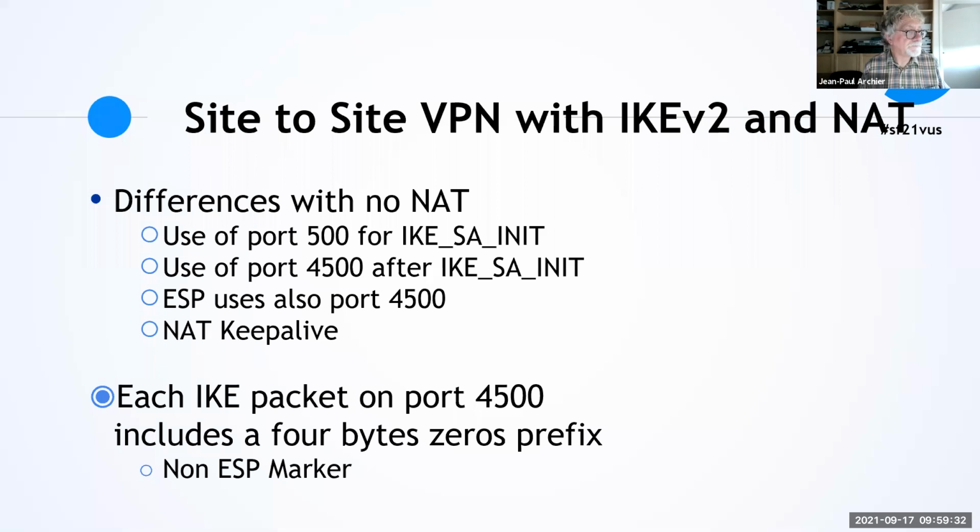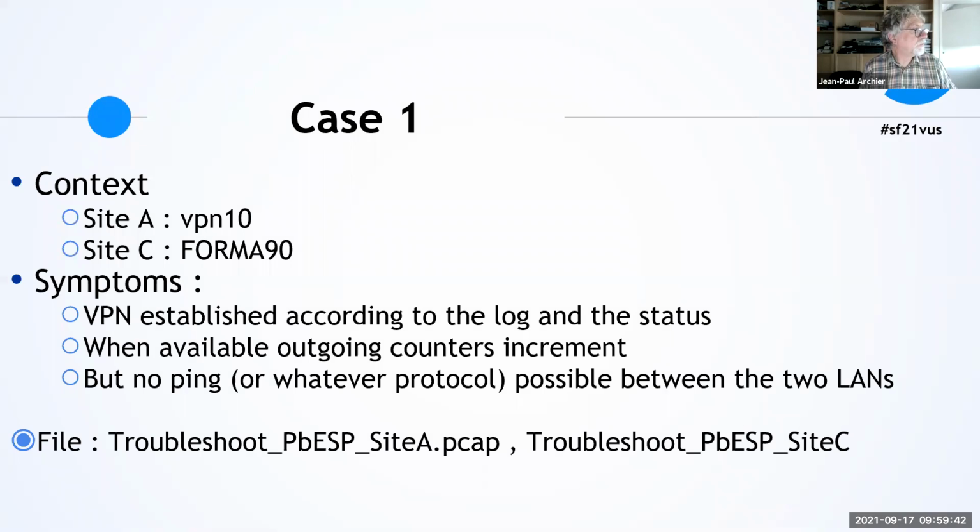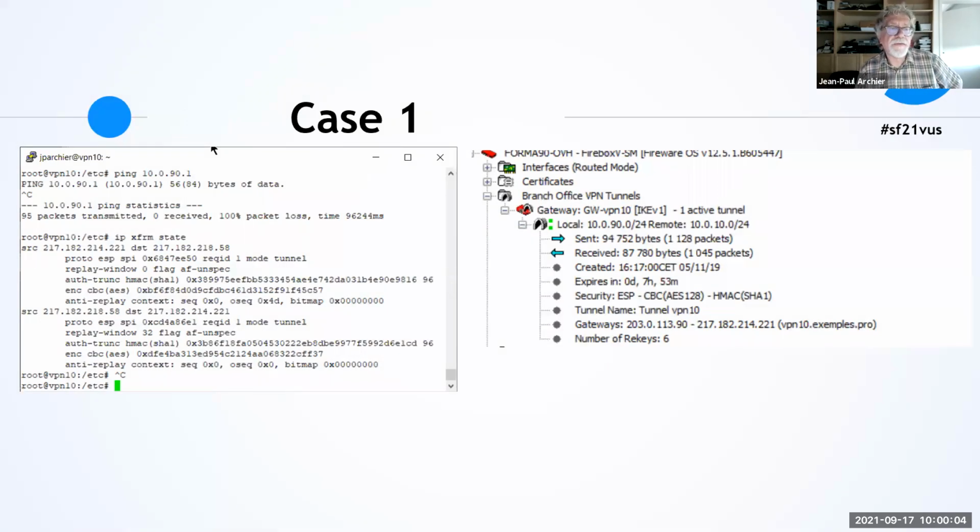Okay. Let's switch to some cases rather quickly. First one, we can use this file, troubleshoot site A and site C. In this case, the VPN is established.